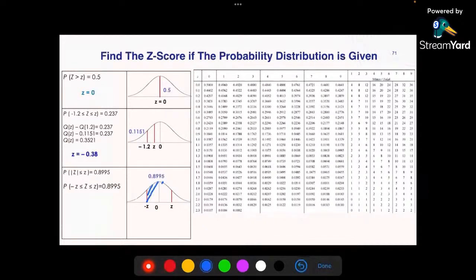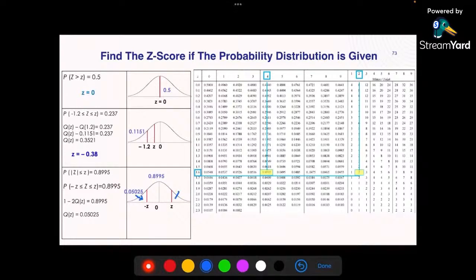So meaning that area tail tu kita bahagi dua je. You akan dapat 1 minus 2 QZ adalah 0.8995. And then kita bahagi 2, QZ adalah 0.5. Meaning that here, the area here adalah 0.502.